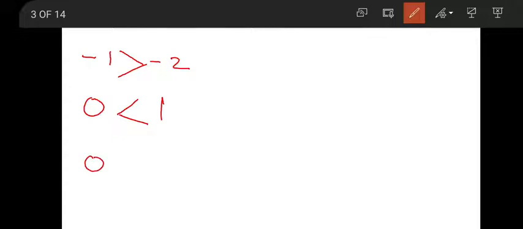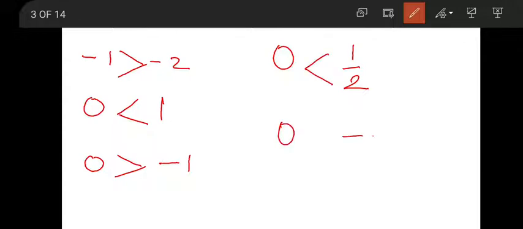When 0 and a negative number are given, 0 will become the greater. Let us talk about fractions. When 0 and a positive fraction are given, the positive number becomes the greater one. When 0 and a negative fraction are given, 0 will become the greater.